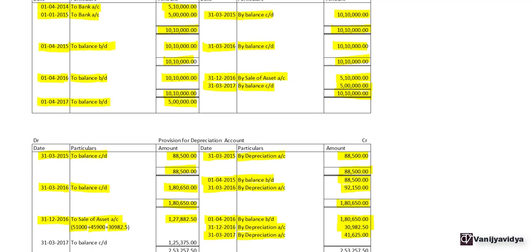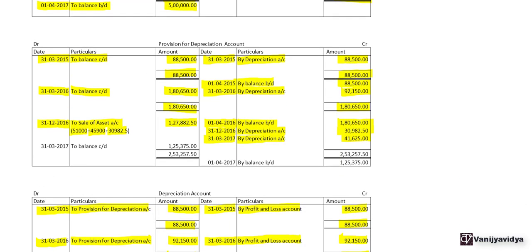Then the provision for depreciation account. The provision for depreciation account total is 2,53,257.50, minus 1,27,882.50. So 1,25,375 is the balance. So this balance is carried forward, 1st April 2017, by balance brought down 1,25,375.